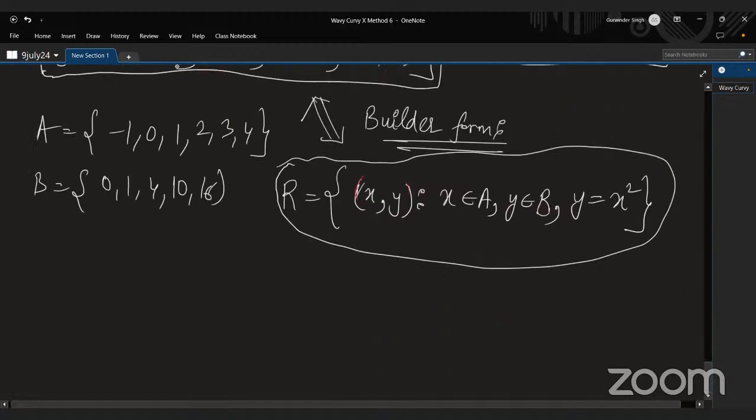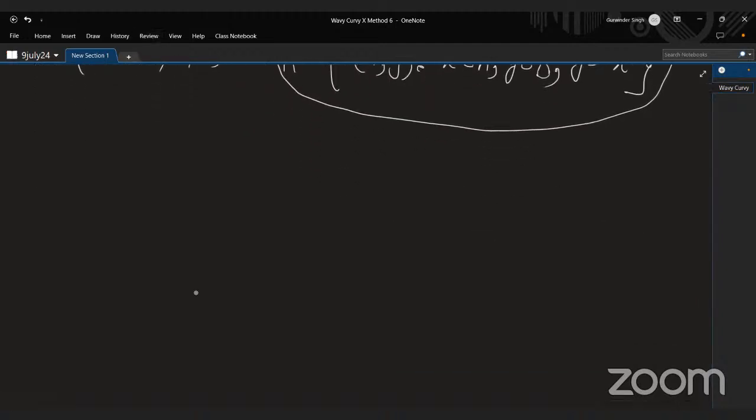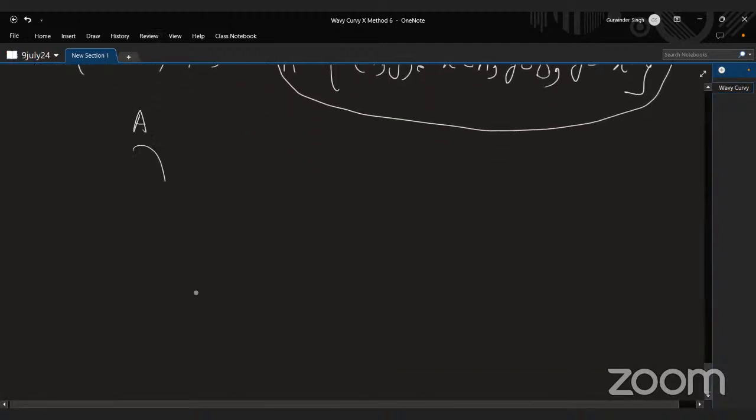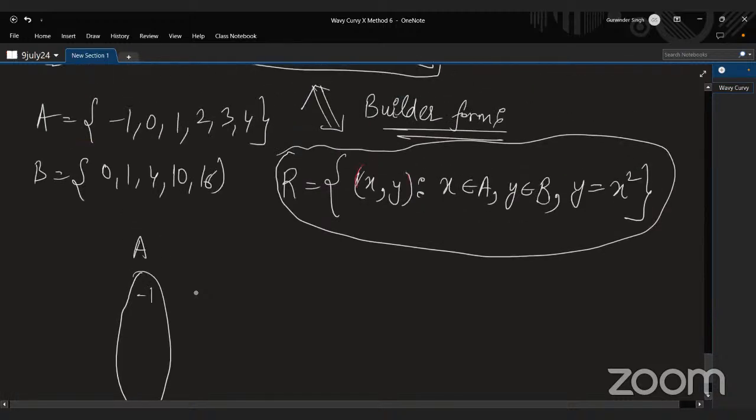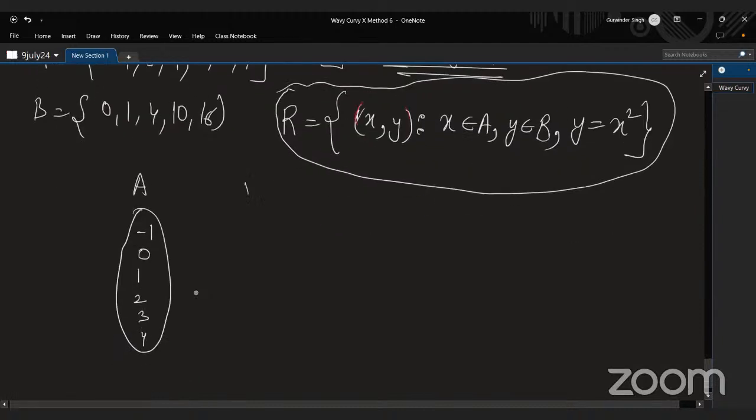Or similarly, I could have given it in the visual form also. First, I could have drawn A: -1, 0, 1, 2, 3, 4. B also I could have drawn: 0, 1, 4, 10, 16.